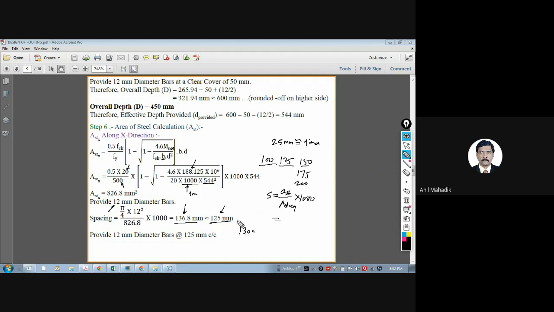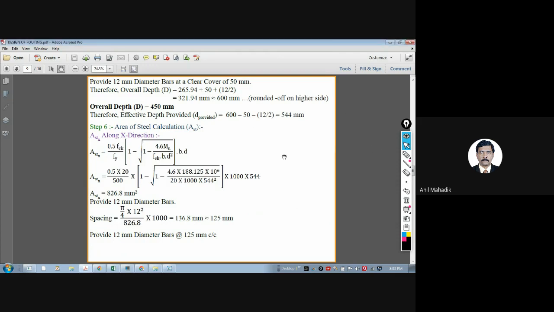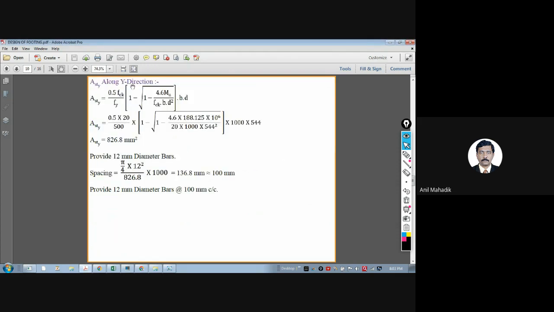I am providing 125, because it is easy for construction and for the fitter laying the reinforcement, and there are many other benefits. So our steel in the footing is 12 mm diameter at 125 center to center. This is in the X direction, along X. Then there is the other direction, AST y, along the Y direction.